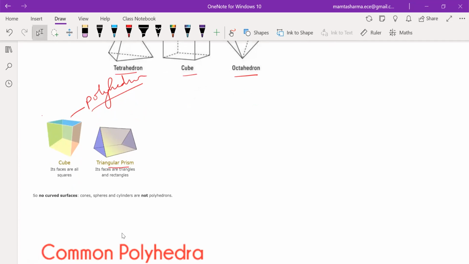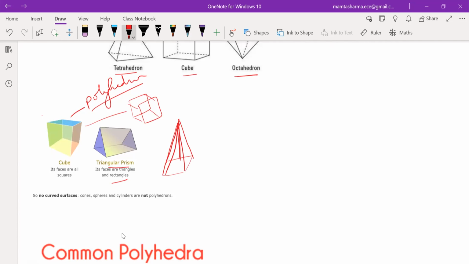Other examples of polyhedrons are pyramids. Can we say cuboid? Yes, cuboid also. If cube is a polyhedron, cuboid will also be a polyhedron. Prism and pyramids are also polyhedrons.